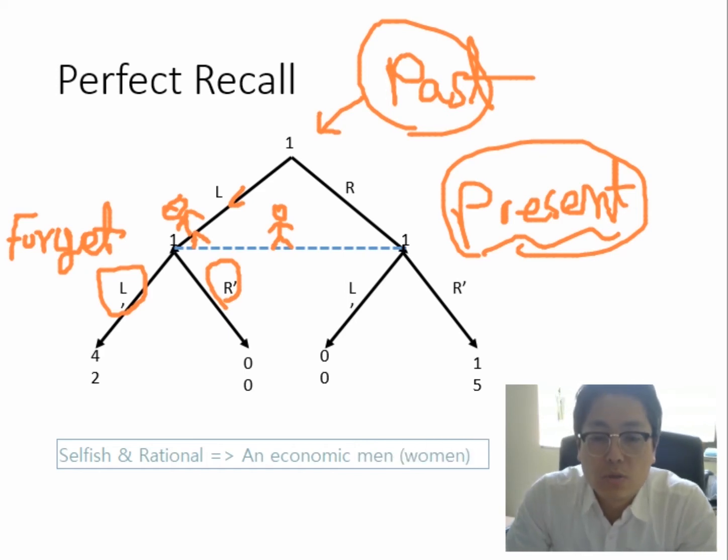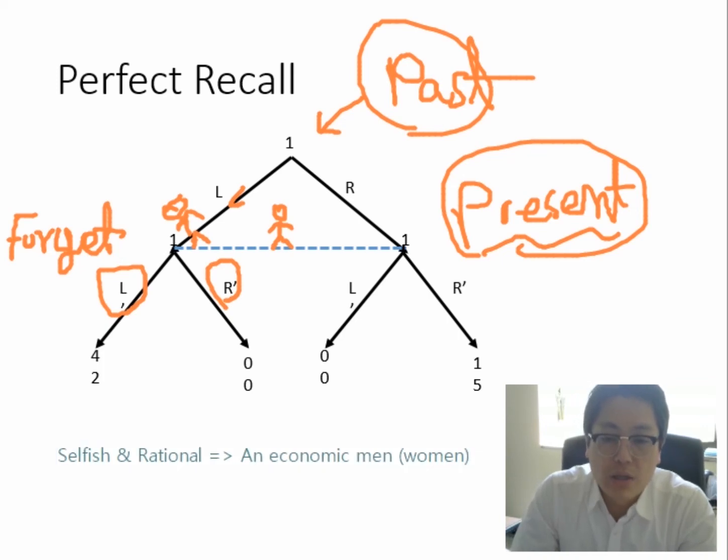So once we argue that we are dealing with an economic man, this economic man should be rational. But if this person forgot what they chose before, then we think this person is not rational.